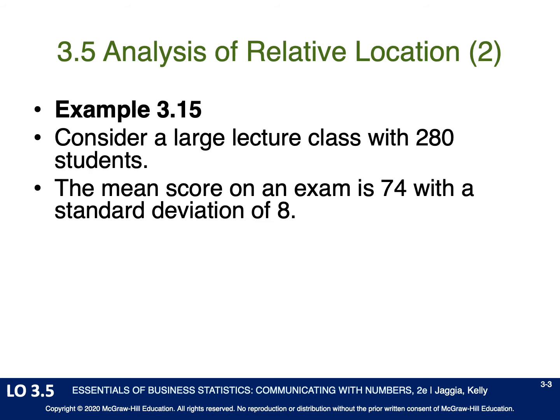So we would say 74 minus 16. 74 minus 16 is 2 standard deviations away. So 74 minus 16 gives us 58 as the lower bound, and 74 plus 16 gives us 90 as the upper bound. So we're asking how many students scored within 58 to 90 on the test.